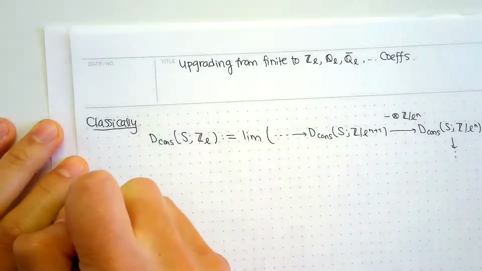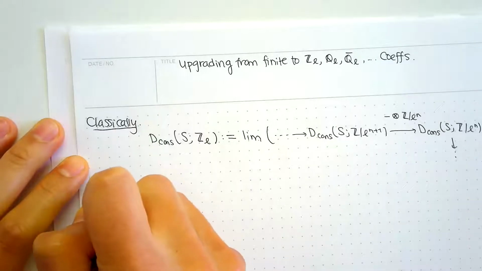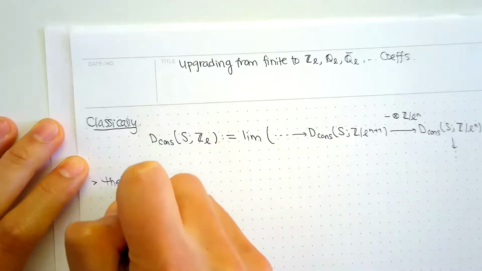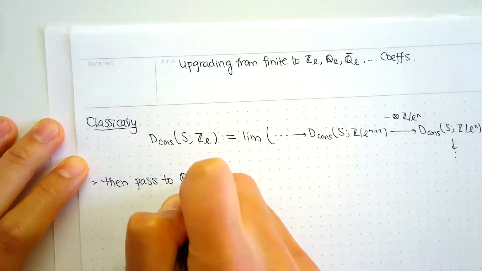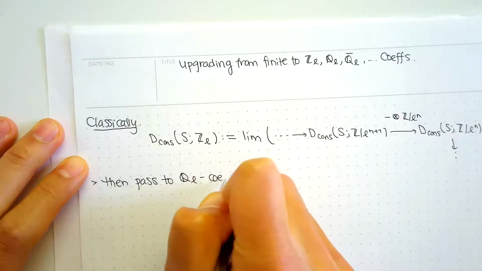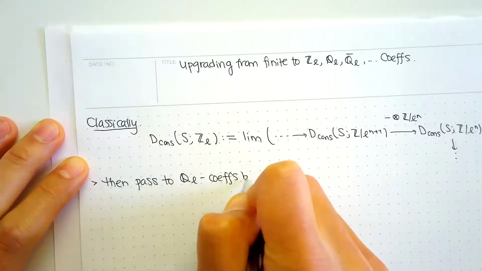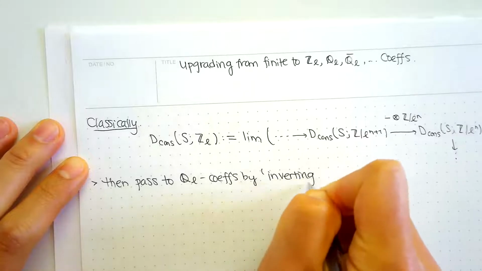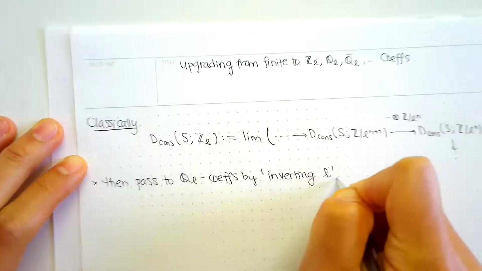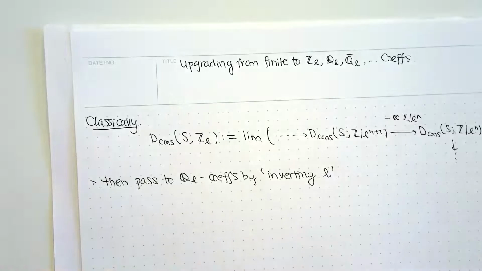But then what you do is you pass to Q_L coefficients by inverting L, and somehow this makes this even more complicated and a bit hard to work with.